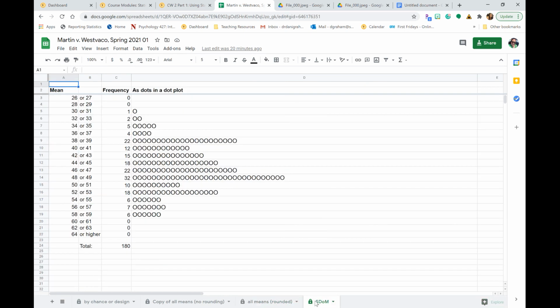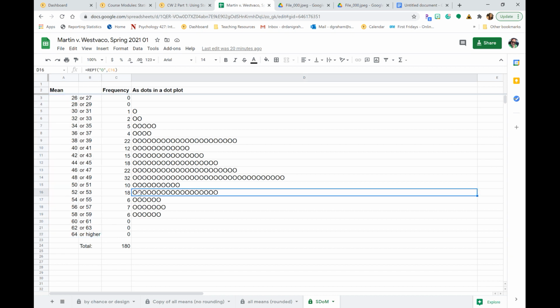Okay, so again, it's just organizing our data for us. And this last tab that's labeled SDOM, and we'll talk about that a bit later, what that stands for and what it means. So if we click here, we see what looks like a graph. And so here we can see the number line for this graph or figure goes from 26 up to 64 or higher.